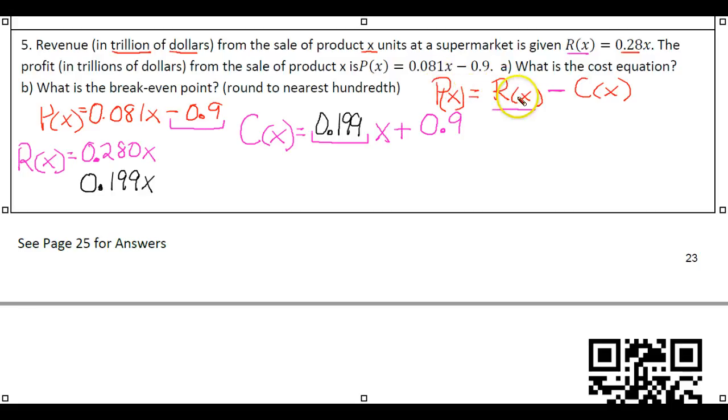So just reviewing where we've been, profit equals revenue minus cost. They're giving us the profit function. They gave us the revenue function. What they didn't give us is the cost function.